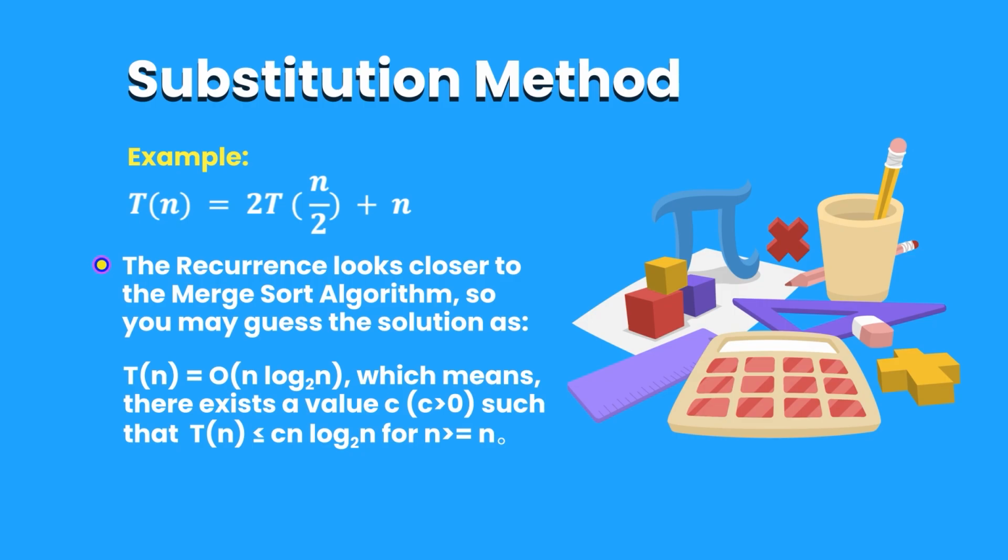This is the meaning when we are dealing with the order. C is greater than 0 such that Tn, that is the value of the function Tn or the complexity, is less than or equal to Cn log n for values of n greater than or equal to n0.